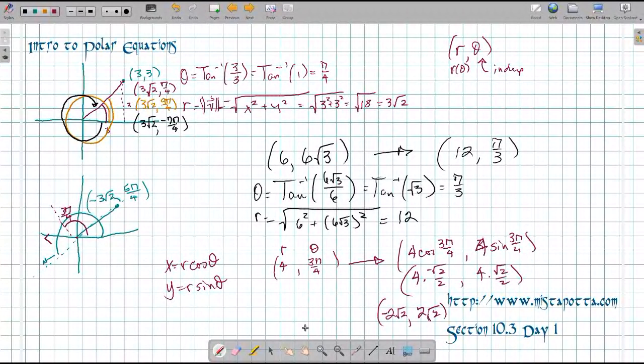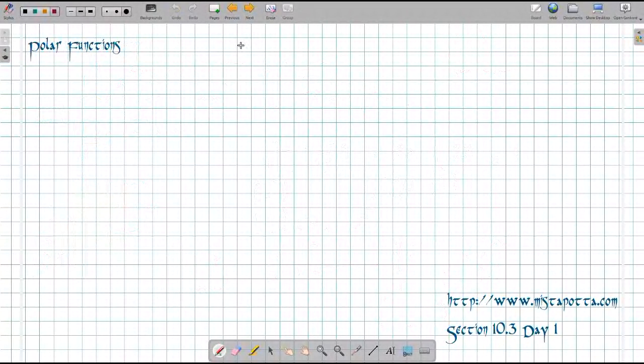One of the other things we need to do, though, is talk about this from the concept of polar functions, because when we're dealing with these, remember that r is usually a function of theta.